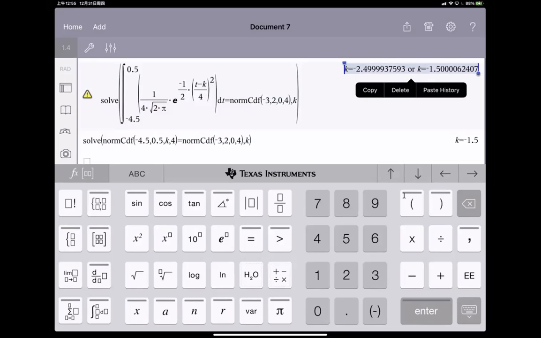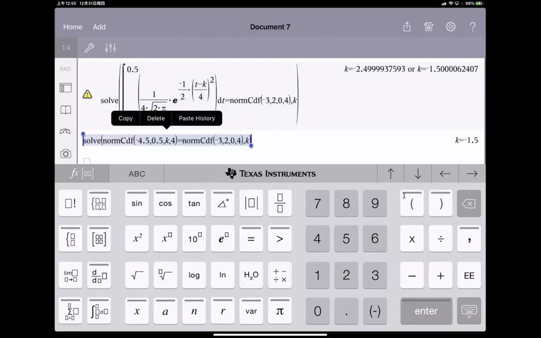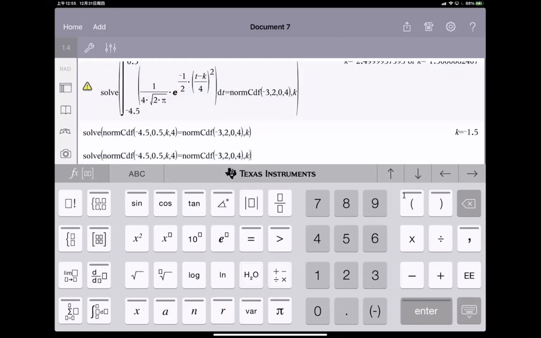For Casio ClassPad users, you must be very careful because if you are using, for example, this command on your Casio ClassPad with numerical solve, after 2 or 3 minutes rotating on the screen, it will return nothing. So how could we use the second approach to calculate the other k value? Probably you want to see around t equals 0, it's symmetrical. So you can try, for example, minus 2 to 3 and see how it goes.